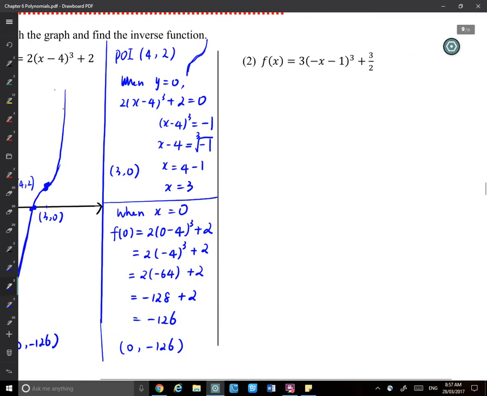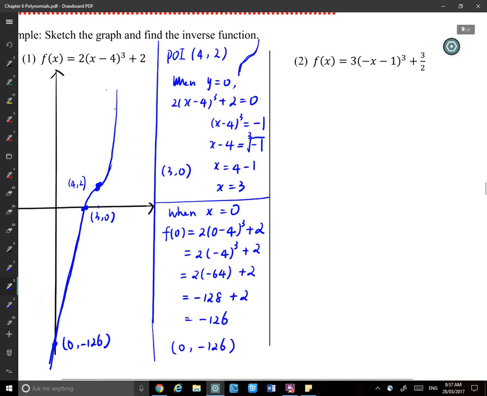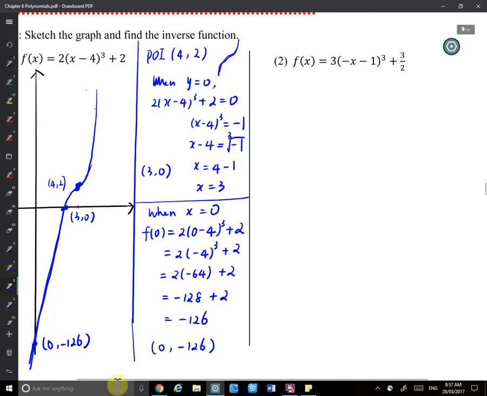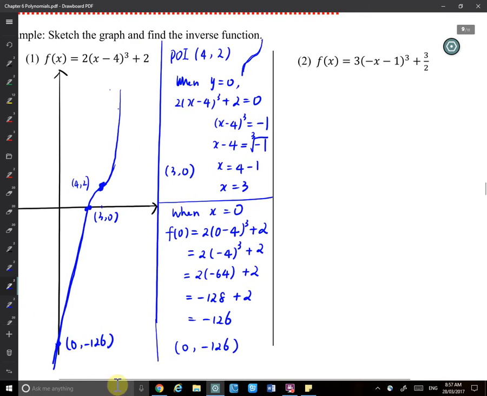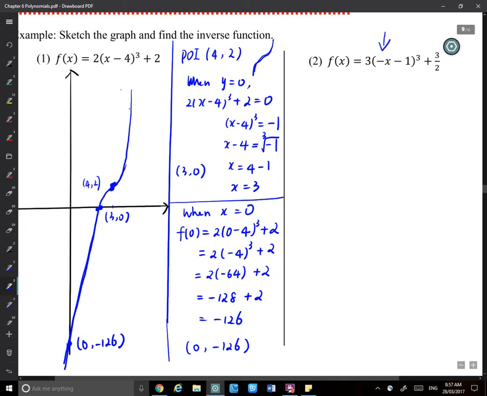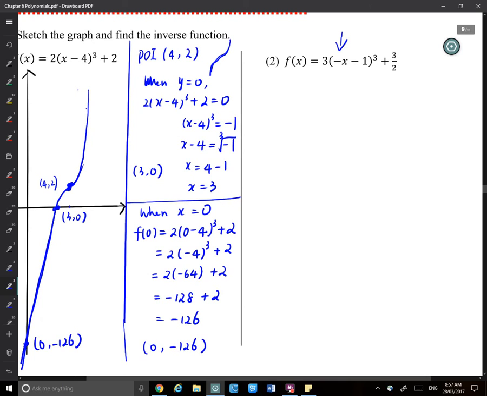Have a look at the next one. f(x) equals 3 bracket minus x minus 1 cubed plus 3 on 2. As I said, you must have positive x in the bracket. Here you have the negative x, which is not really working. So I will rearrange this equation. f(x) will equal 3, I'll take this minus 1 out, (x plus 1) cubed plus 3 over 2.